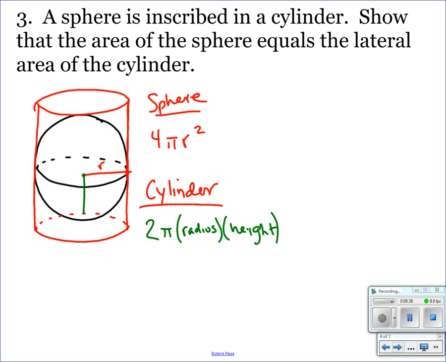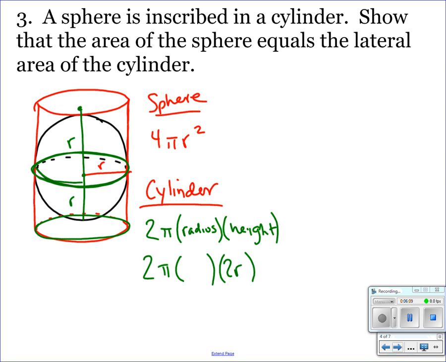Because we are tangent, that is r down to the base, and that is r up to the base. So therefore our height is 2r. Now the radius, since we are tangent, this circle in our sphere is the same as the base on the top and bottom.